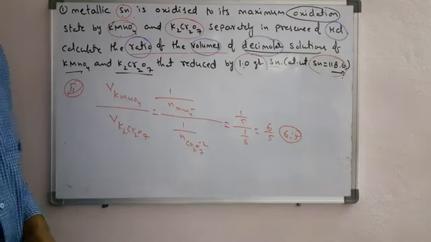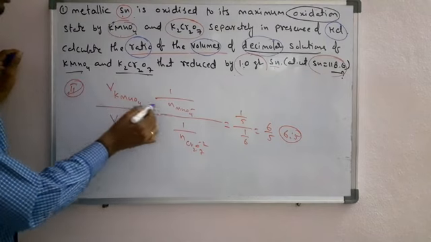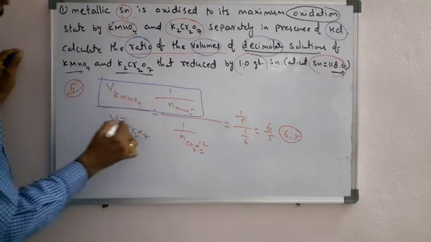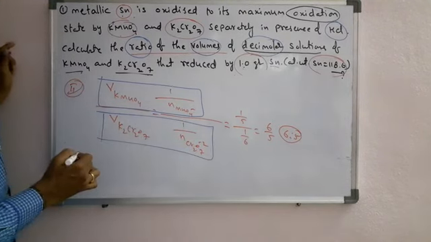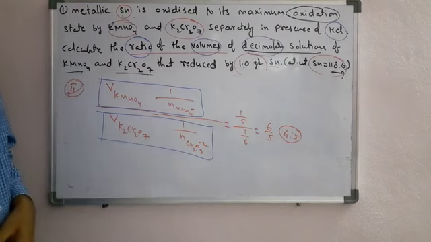Just remember that the values are always inversely proportional to their n factors. This is the alternate method, but normally we should prefer the general method.